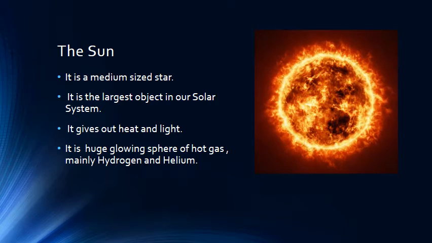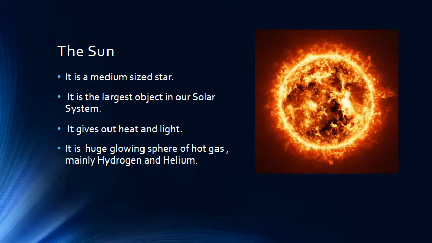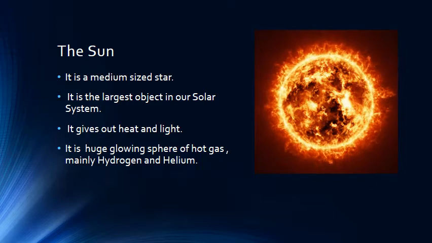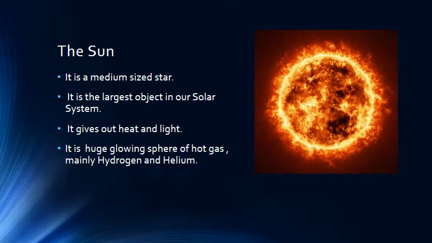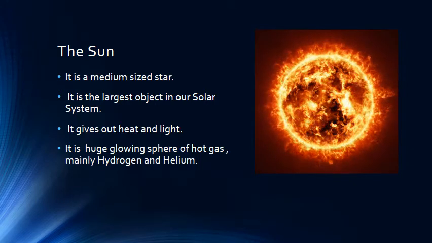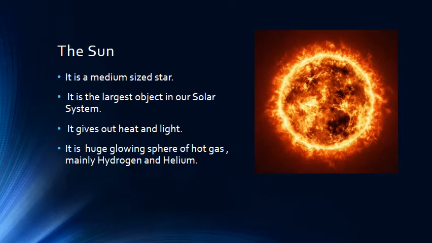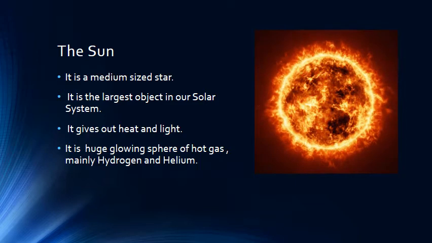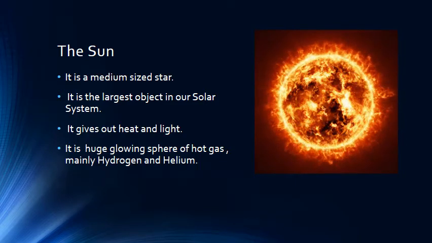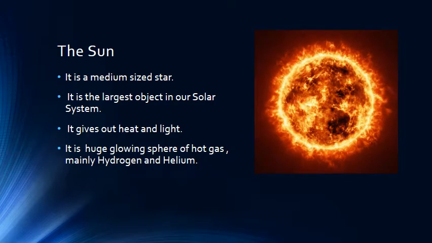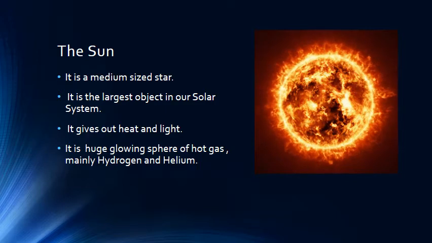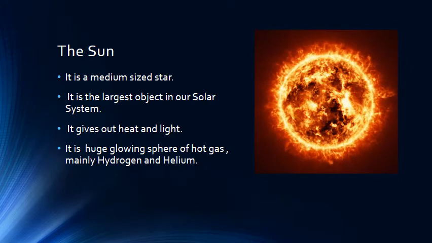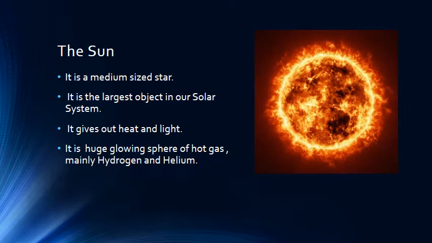It's a star, and we call it a star because it gives out heat and light, and the cause of this heat and light is the chemical reactions that occur inside the star due to the breaking of some gas atoms, and that's why it causes this glowing, these bursts of flame that you see coming out of the sun because of those reactions that occur in gases, mainly hydrogen and helium.